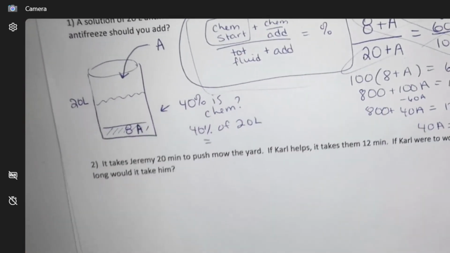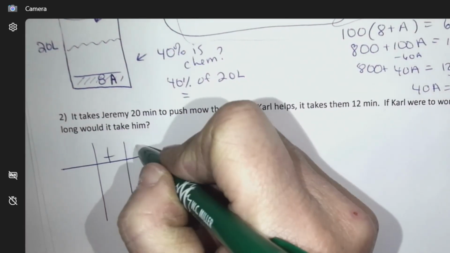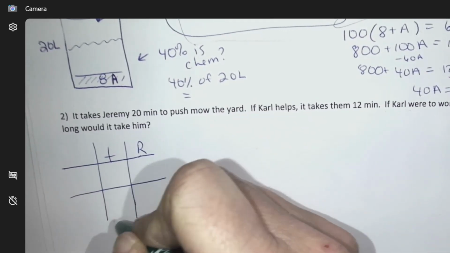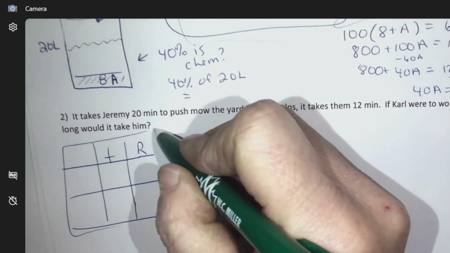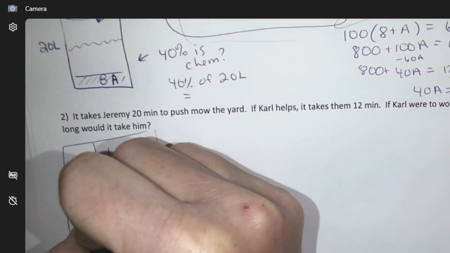Okay, next question is a time rate question. So I want you to give me a little T-chart here. Time and rate. And then we have Jeremy and we have Carl.